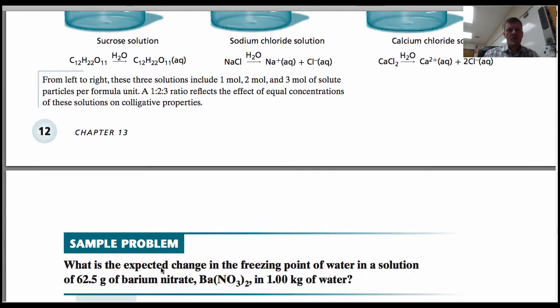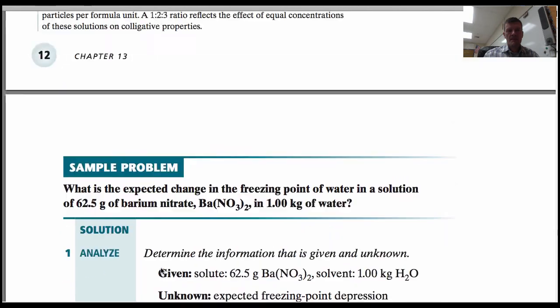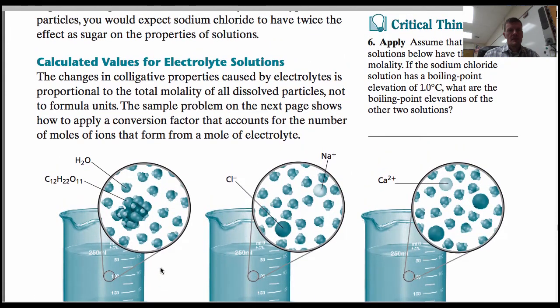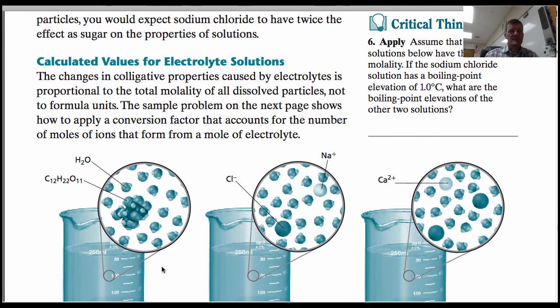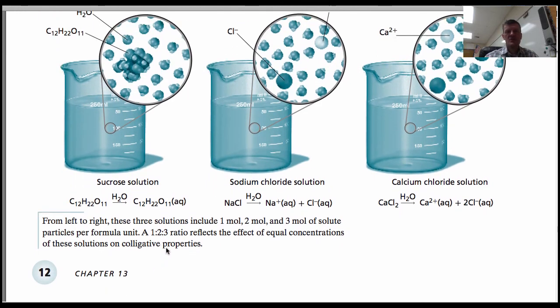Now, one other little note here. The molality is affected if you've got more particles. So let me just show you something really quickly here. If you have sugar, when it dissolves, sugar dissolves into individual molecules. But when you have an ionic compound, like sodium chloride, when it dissolves, it breaks apart into two particles.